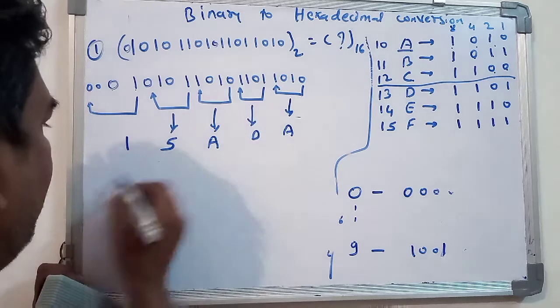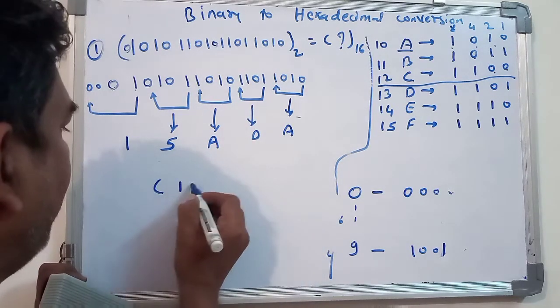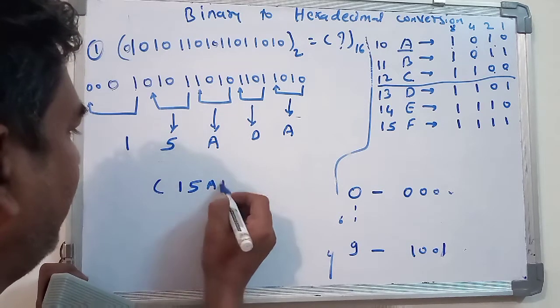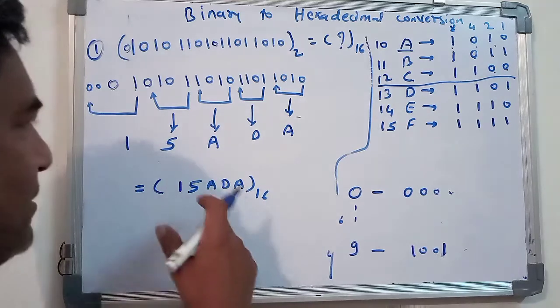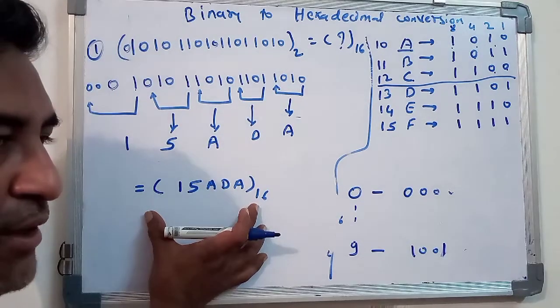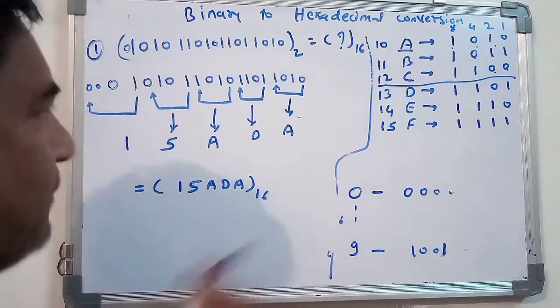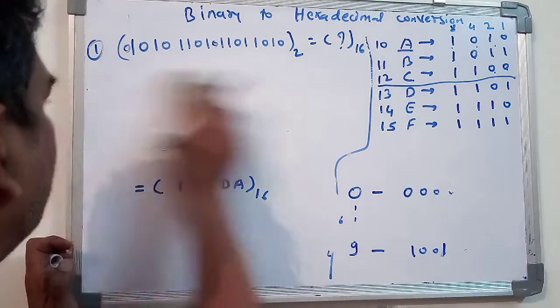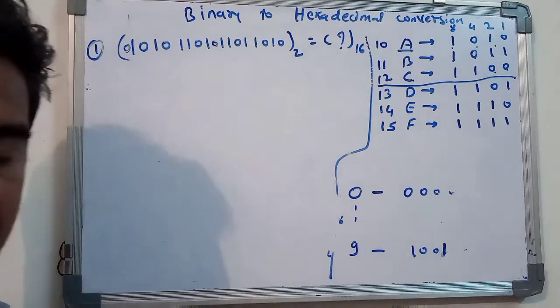Okay, now at the end what will be written? 15ADA with a base 16. So you may say that this number has been converted into a hexadecimal number, and these are the steps you have to follow.